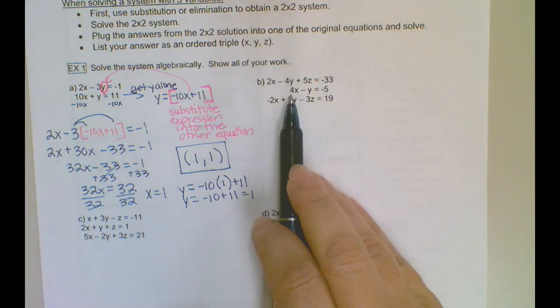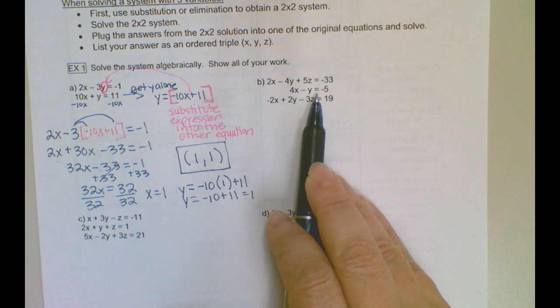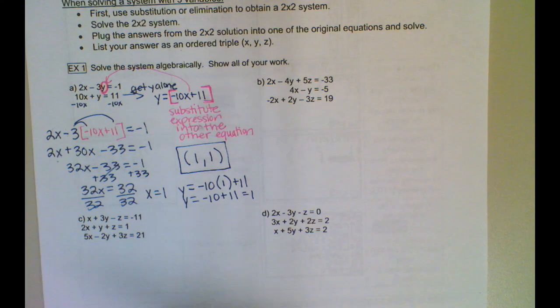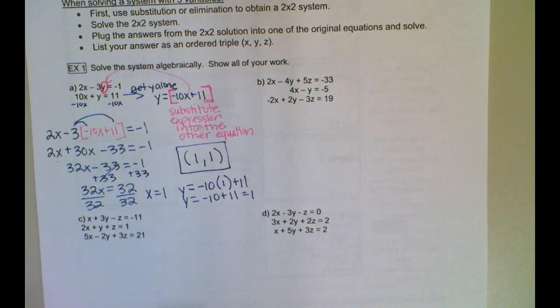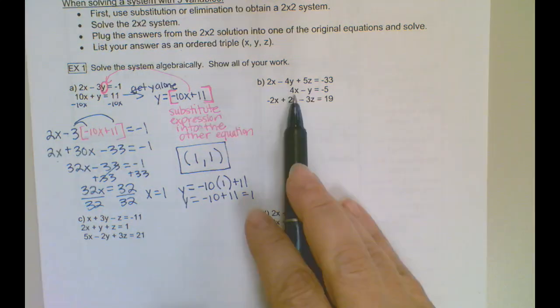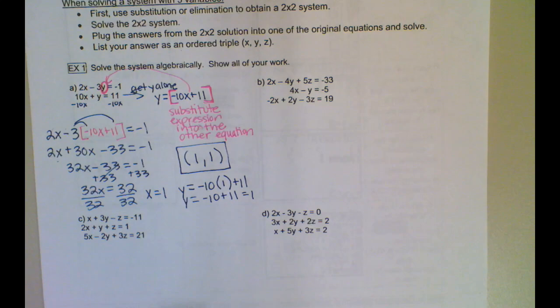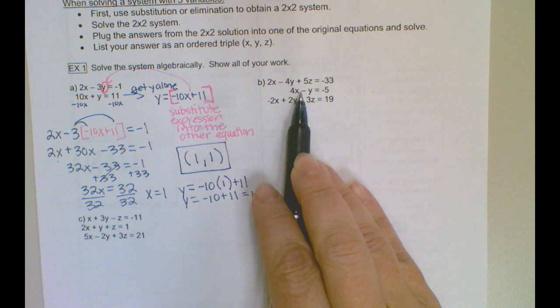Now, what I was talking about earlier with noticing when you already don't have a variable, it is going to be less work for you if you eliminate z, because this second equation already doesn't have z, which means I've already got half of my 2x2 system if I reuse this equation.